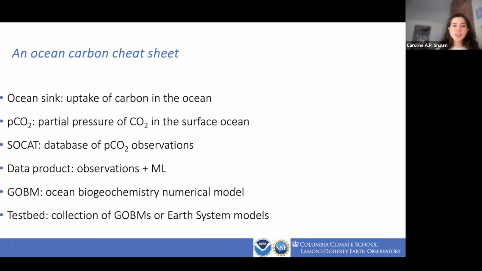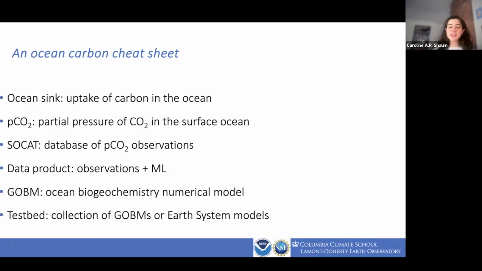But the ocean sink is the phrase that refers to the uptake of carbon by or in the ocean. PCO2 is the partial pressure of carbon dioxide stored in the surface ocean. It's a way we measure the quantity of CO2 in the ocean. SOCAT is the database online of PCO2 observations globally.